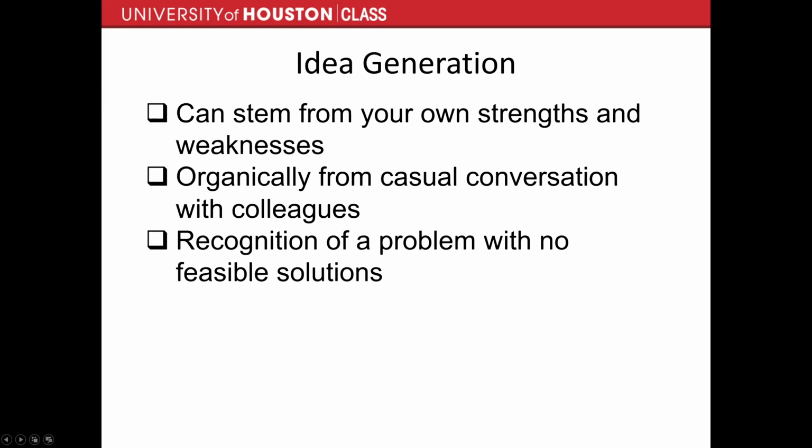This is typically where a lot of research ideas come from. And also you recognize that there's a problem and there's no feasible solutions available. So a lot of times faculty members or principal investigators will set out to find solutions to problems.